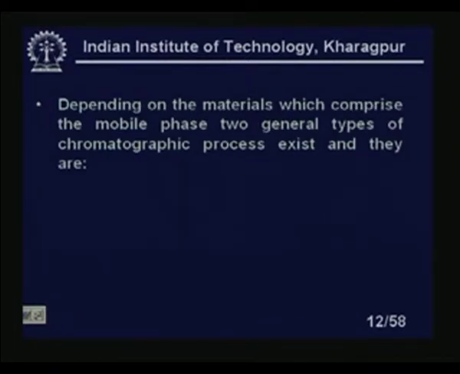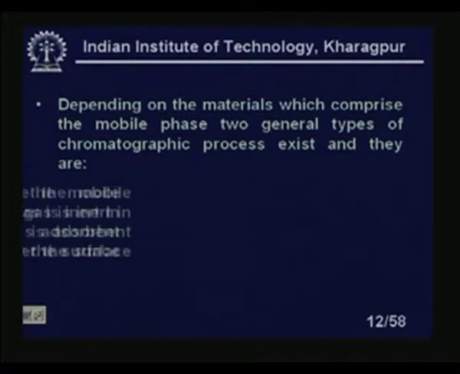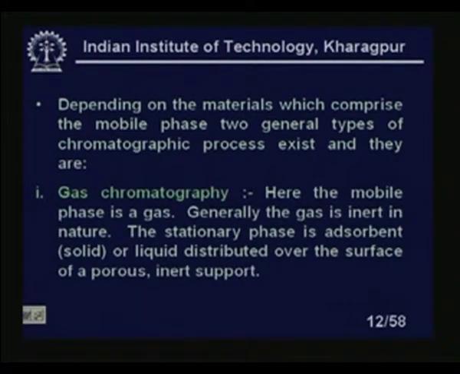Depending on the material which comprises the mobile phase, two general types of chromatographic process exist. The first is gas chromatography. Here the mobile phase is a gas, generally inert in nature, and the stationary phase is an adsorbent solid or liquid distributed over the surface of a porous inert support.